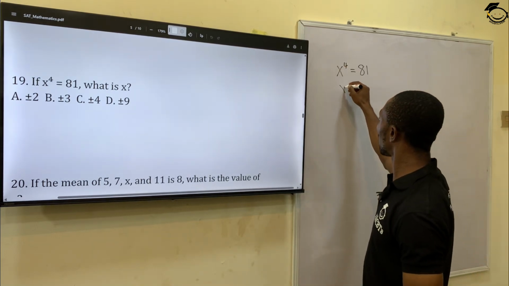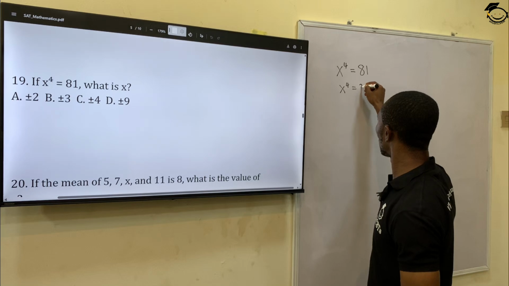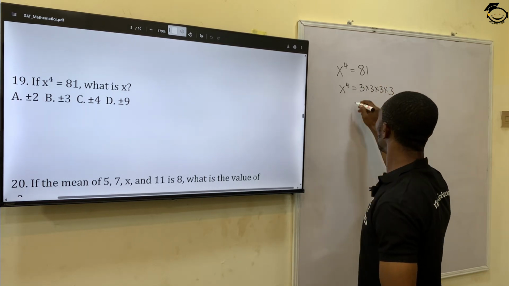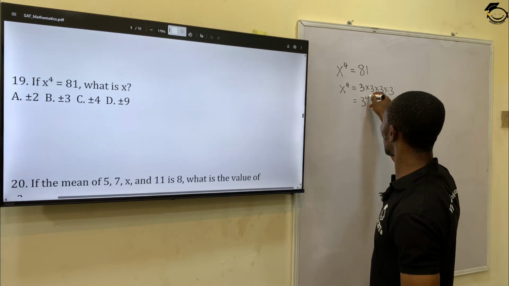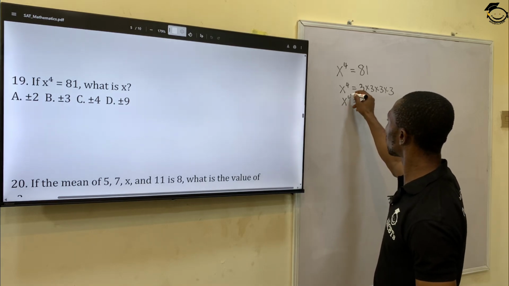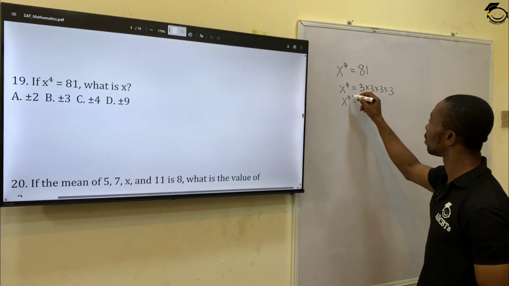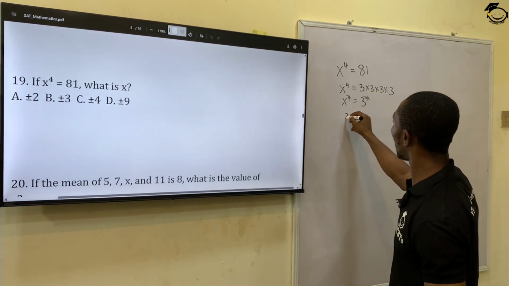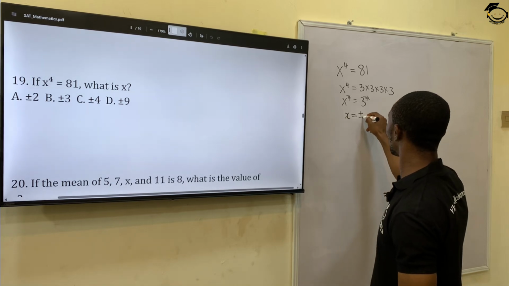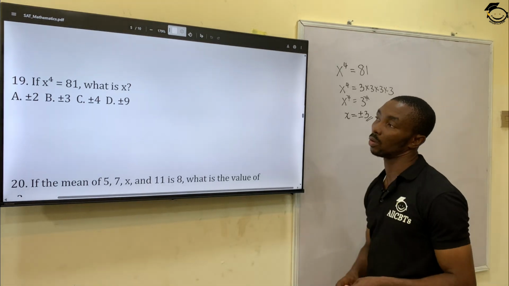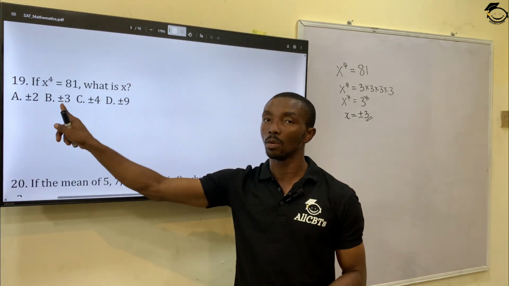This becomes x raised to the power 4 equals 3 times 3 times 3 times 3, which is 3 raised to the power 4. So x raised to the power 4 equals 3 raised to the power 4. Now, since they have the same power, we can cancel out, leaving x equals plus or minus 3, which is option B.